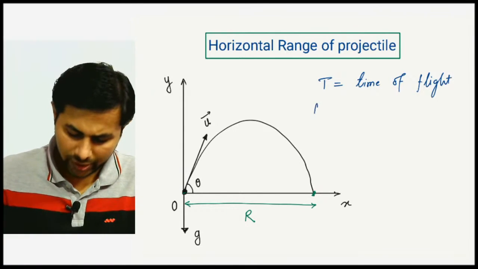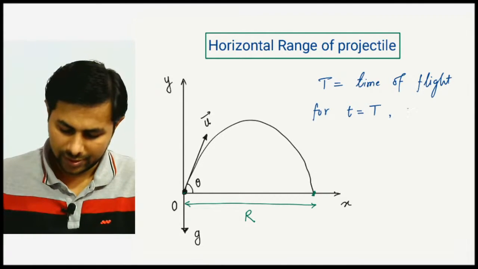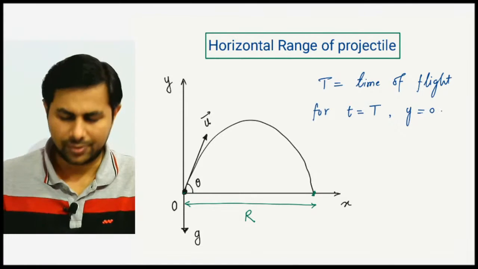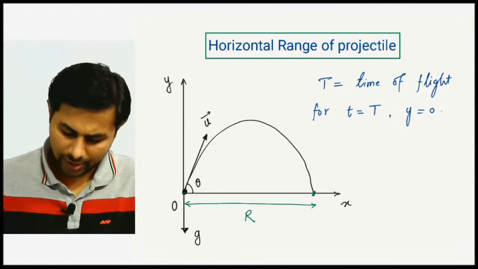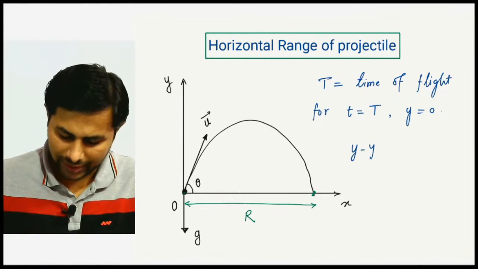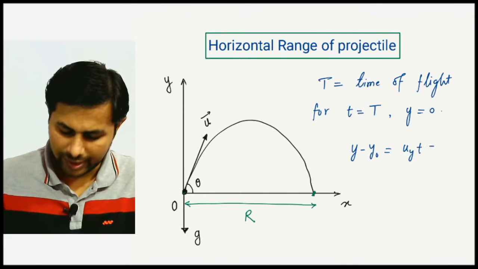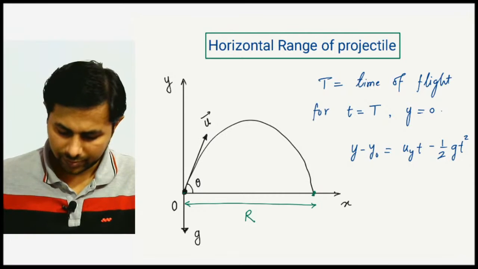Okay, so for t equals capital T, y will become 0. So we have y minus y naught equals uy times t minus half of g t squared.